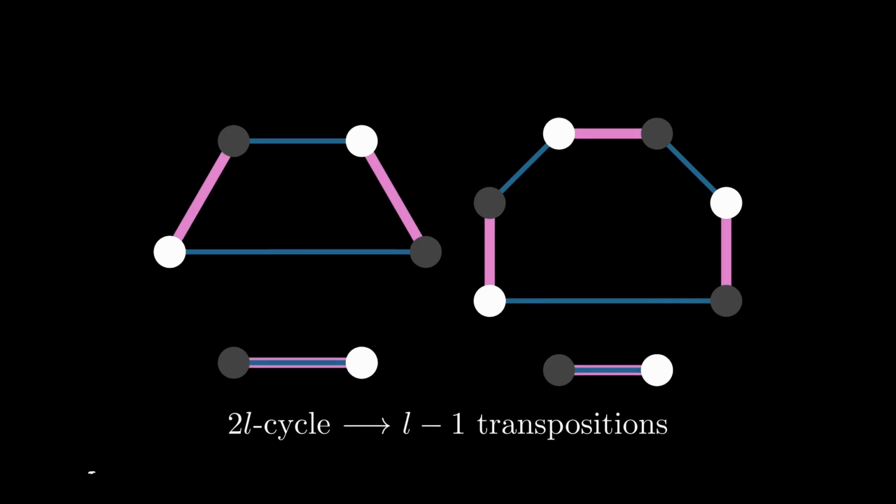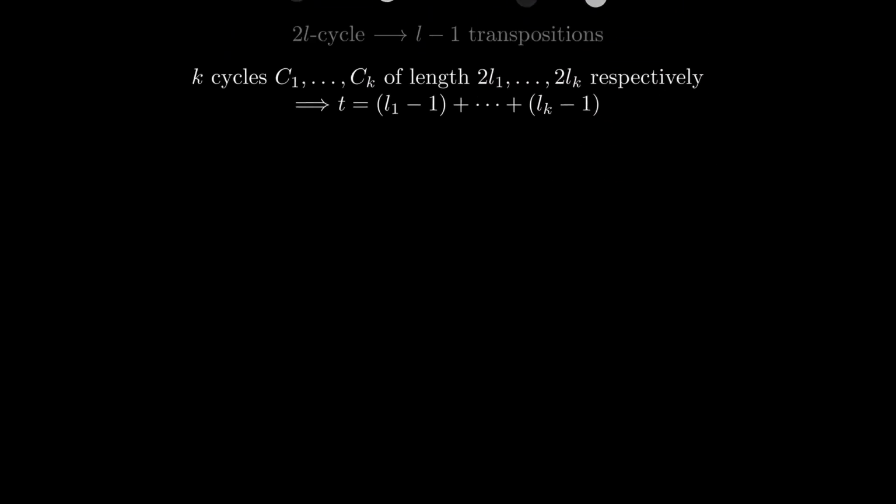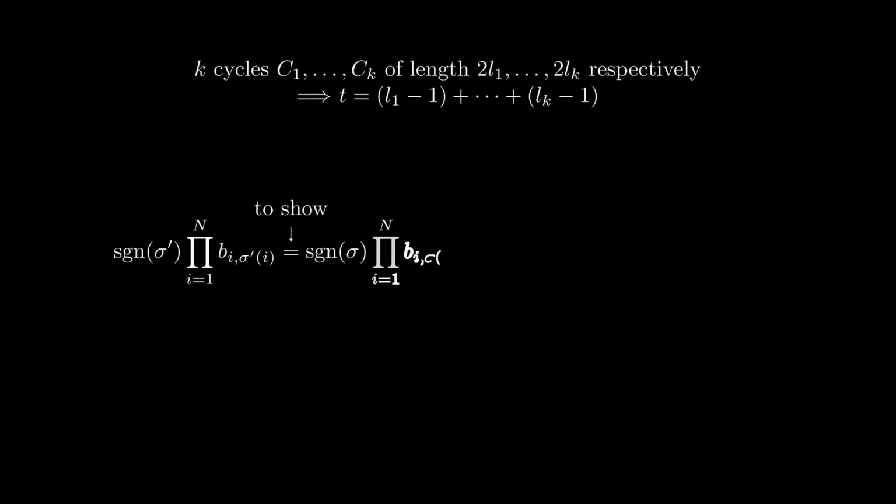In total, if there are k cycles C_1 to C_k, then t can be chosen as the sum of the (L_i - 1)s. Now, it would be really convenient if for each cycle the factor by which the product of edge weights of M and M' differ exactly cancels out the (-1)^(L_i - 1).